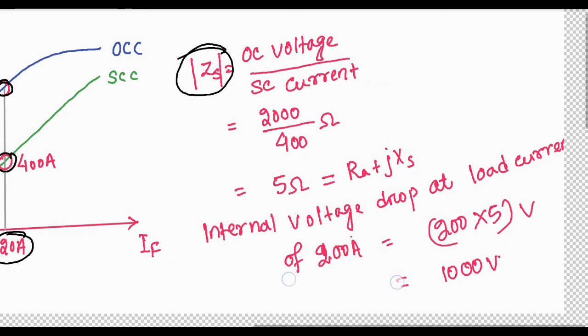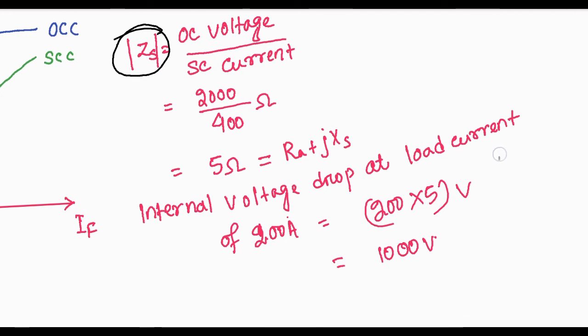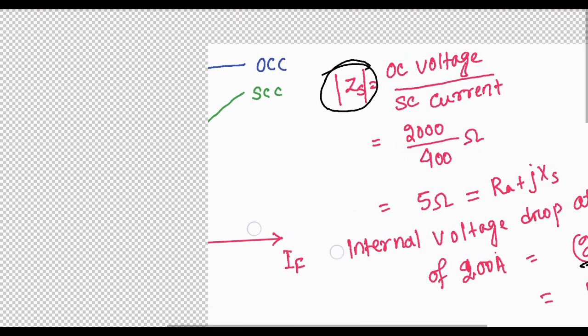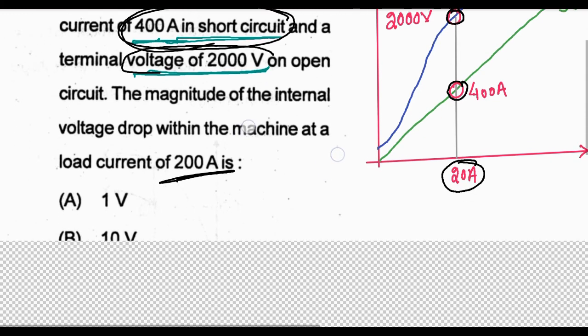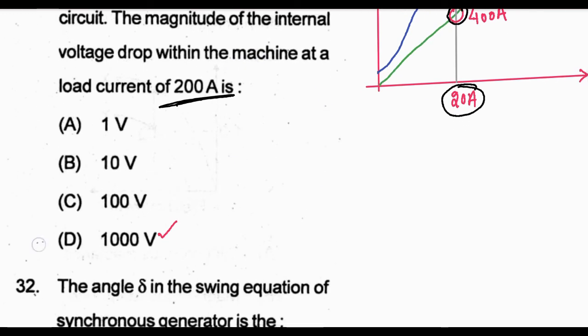The voltage drop will be IA into ZS, where IA is the armature current. So this will be 200 into 5, which is 1000. Here option D is the correct answer.